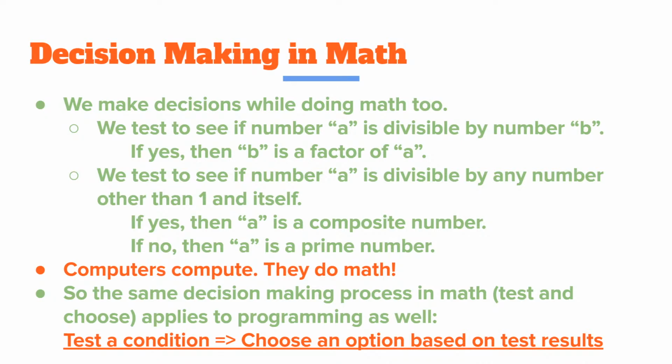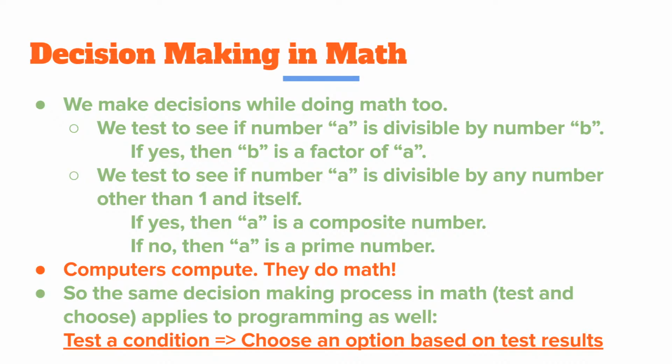This can be by doing the math itself, plugging into the calculator, and we can get our answer. Say whether or not a number is prime or composite. So now as to what math has to do with programming, well, computers simply do a lot of math, except in binary. And their decision-making process will be the same as you would if you were to do it in a math environment. And so that's how we can apply the basics.